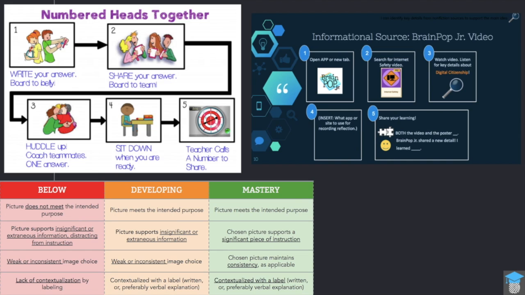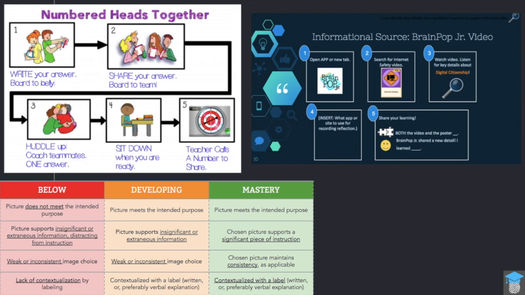And so this consistency and constant use of the same image really does support students in their learning. We also have a puzzle piece to support making connections, which seems like a really natural choice. Making connections, puzzle pieces, that looks and sounds really good together. It meets the intended purpose, it is significant, and it's easily used in consistency.